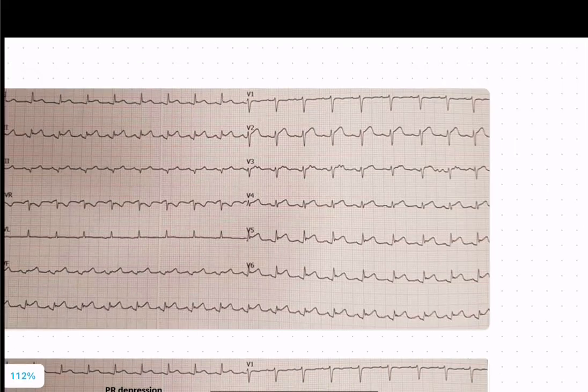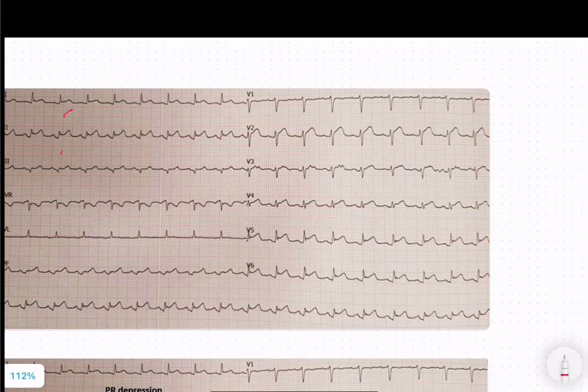As you can see here, the ECG shows a normal sinus rhythm with a heart rate of about 100 beats per minute. But what caught our attention is the ST elevation observed in several leads, including 1, 2, 3, AVF, and approximately all chest leads.